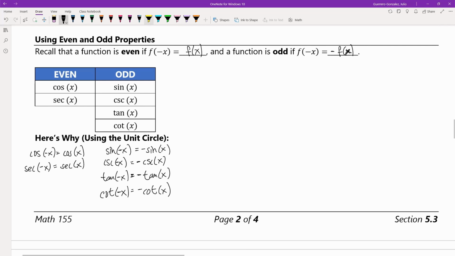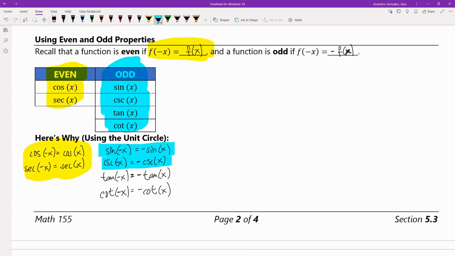Hopefully you guys see how these work out. All of these are even, so no matter what I plug in, the positive or the negative angle, they give me just the regular function back. And all the other ones were odd, so if I plugged in the negative x, I get the negative of the positive one back. That's the statement for odd.